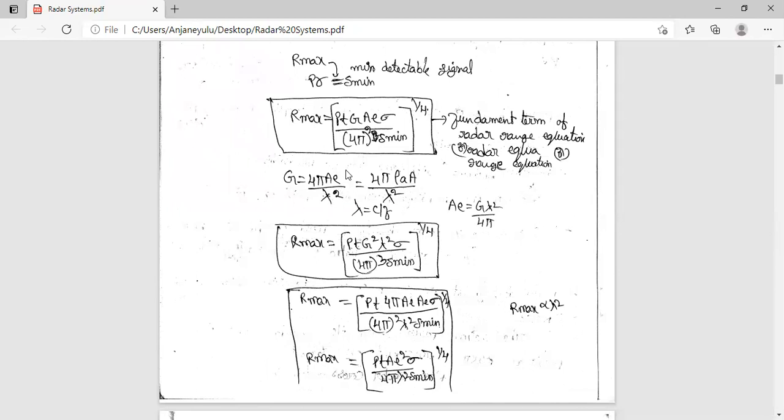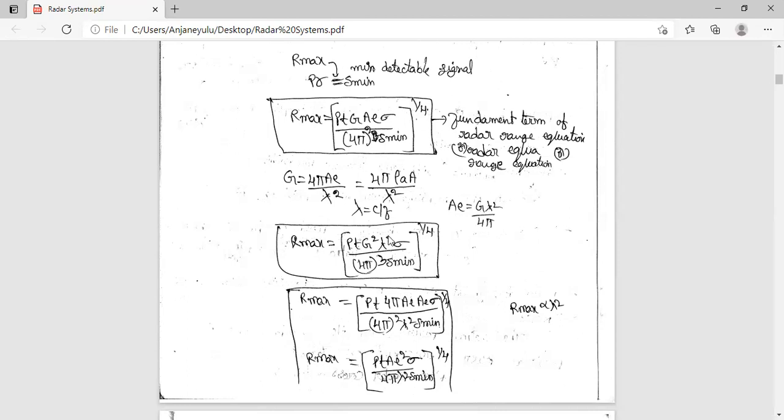In place of A_e, we substitute rho A, where lambda is the wavelength of the wave. That wavelength equals C by F, and effective aperture A_e equals G into lambda squared by 4 pi. From the expression gain equals 4 pi A_e by lambda squared, A_e equals G into lambda squared by 4 pi.